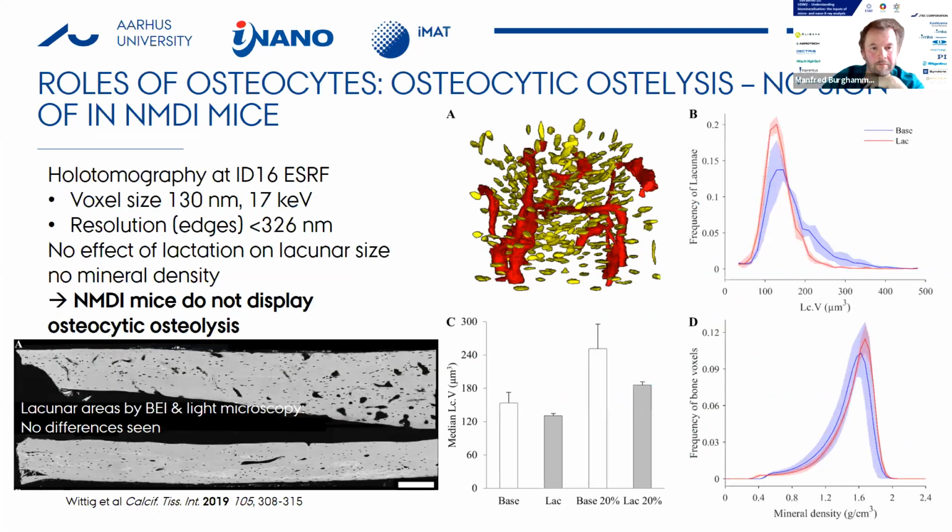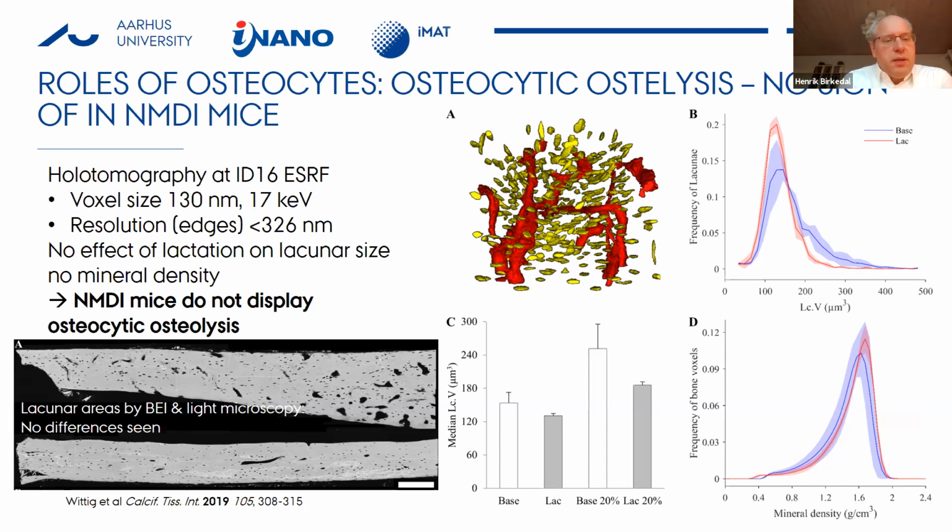So we did holotomography at ID16A with a voxel size of 130 nanometers, giving a resolution of roughly 326 nanometers. And as you can see in panel A, this gives us very nice delineation of the yellow osteocyte lacunae. But sadly, the lacuna volumes did not change between the lactating group and the non-lactating group.